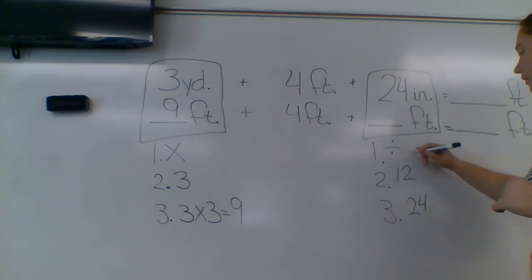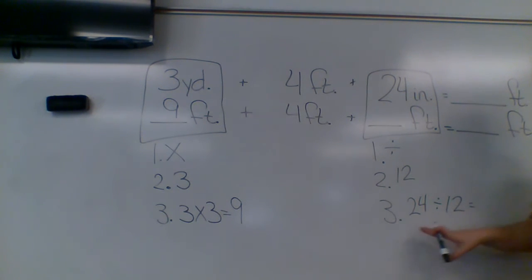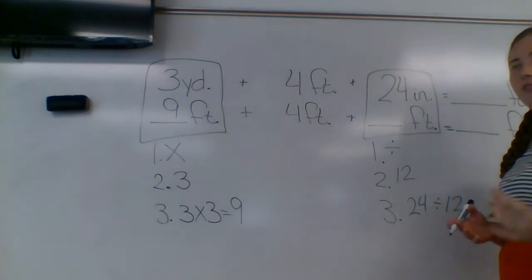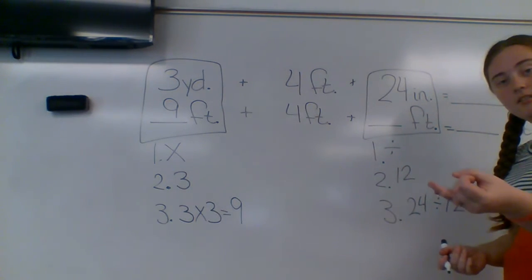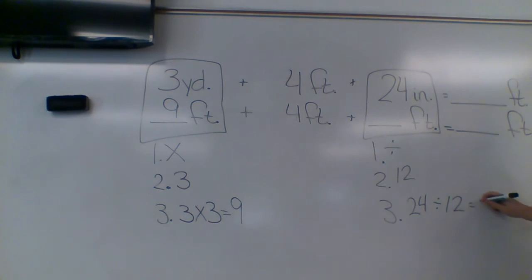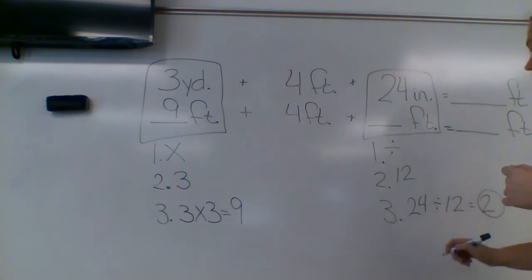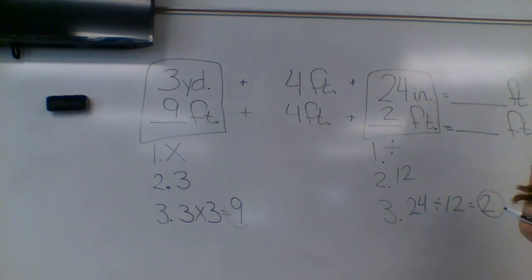So 24, I'm going to do my step 1, divide, and then step 2, 12 equals, so 24 divided by 12. Well, we know that 12 times 1 is 12. 12 times 2 is 24. So I'm going to say 24 divided by 12 is 2. Just like over here it was 9. So 2 is going to go in my blank.